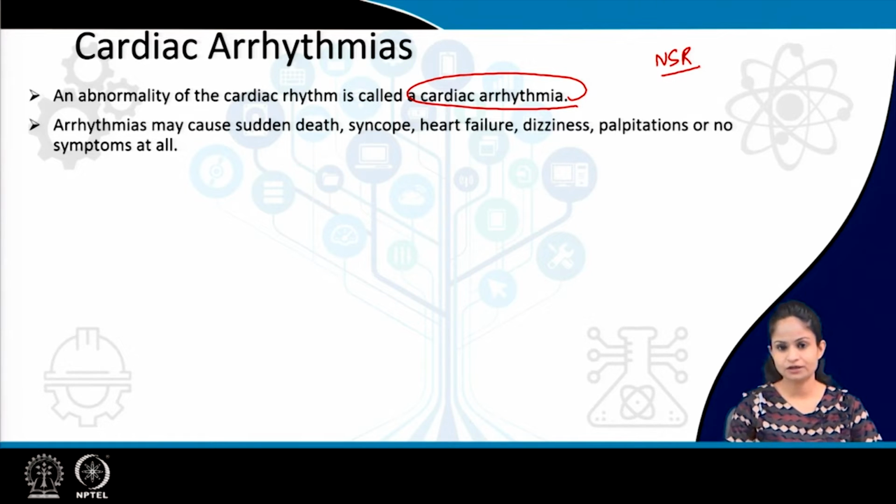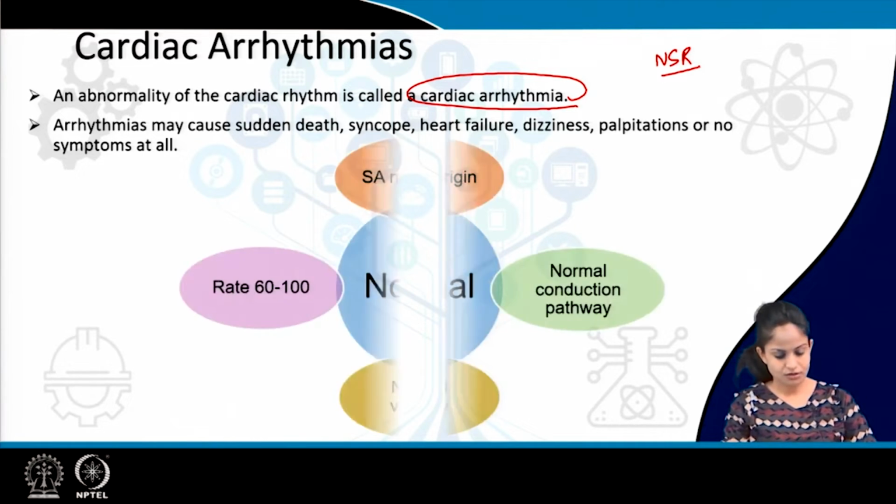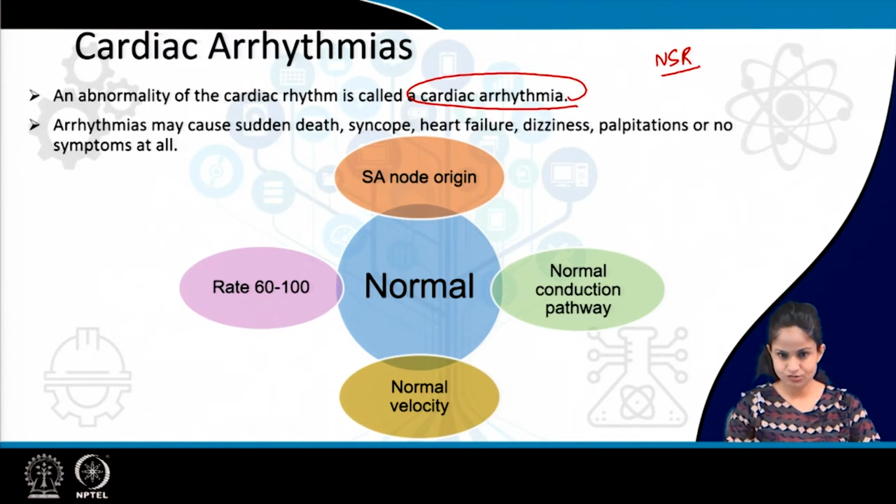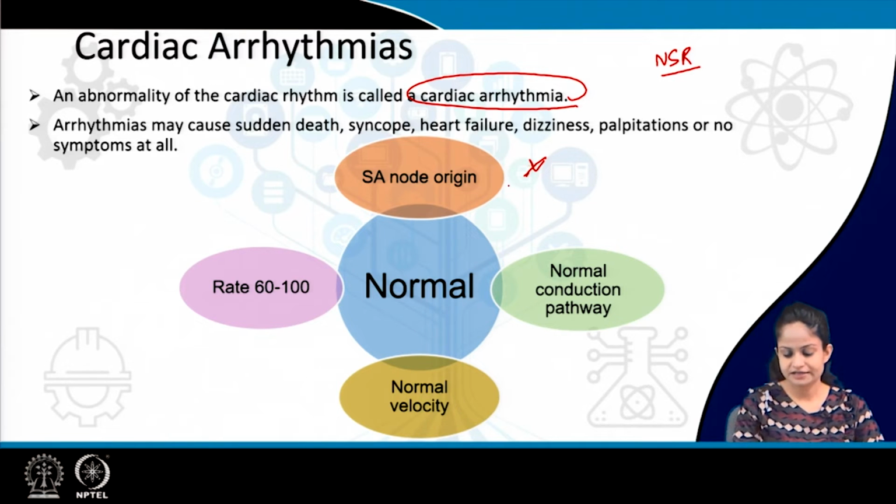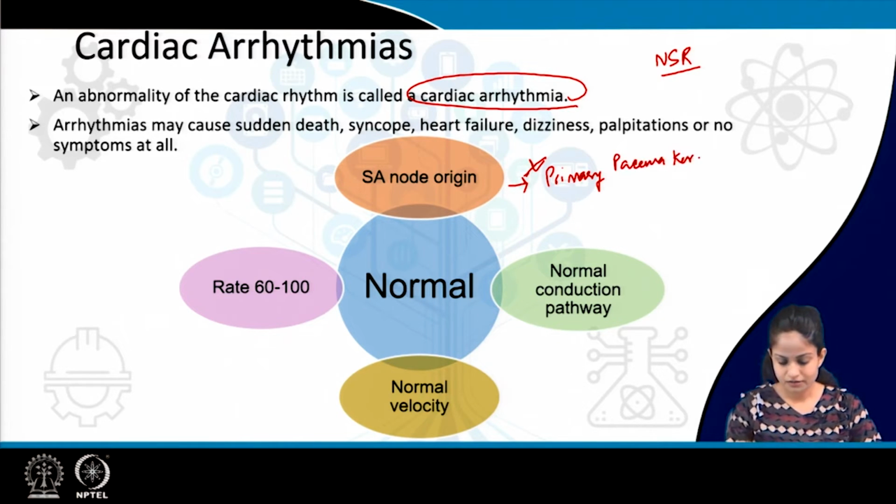no symptoms at all. So the normal sinus rhythm, what we understand by normal so far, is that the origin of the impulse should be from the primary pacemaker, that is the SA node. We have already discussed that the SA node is the primary pacemaker. Then we have a normal conduction pathway.